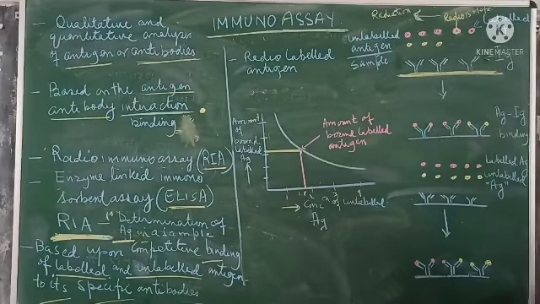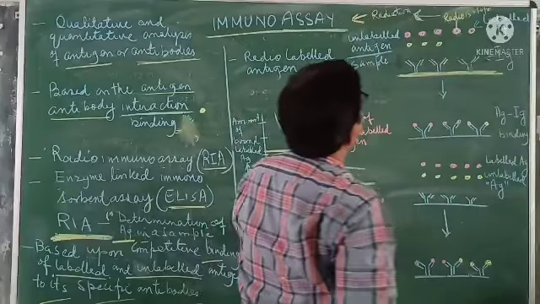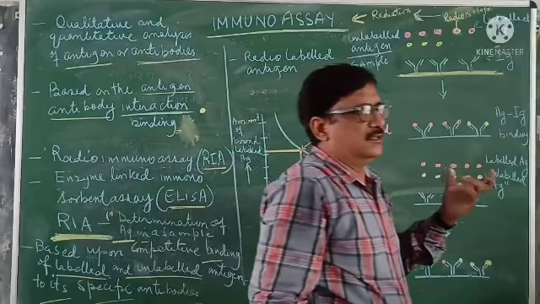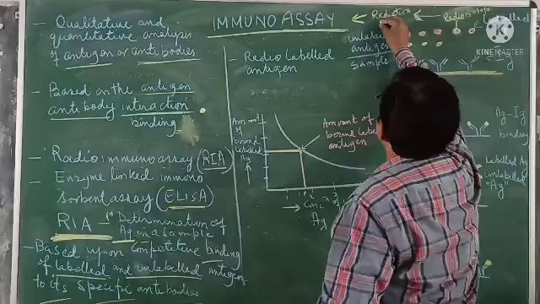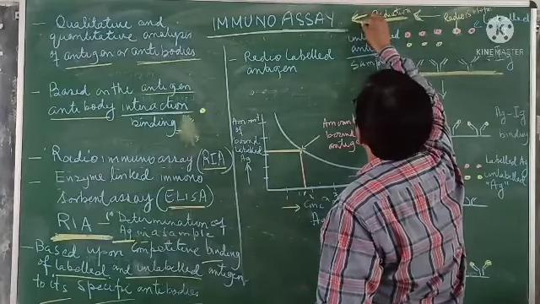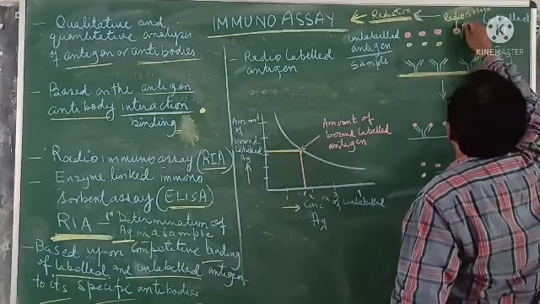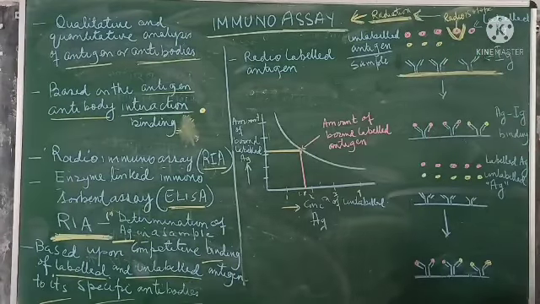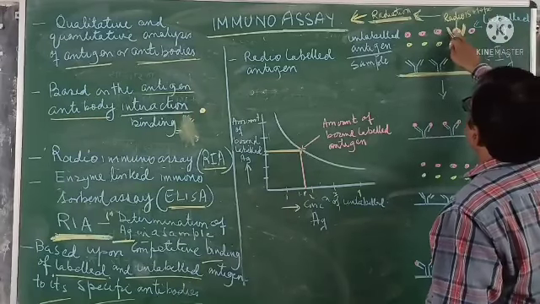If this radiation is estimated by using any radioactive counter like a gamma counter, we can estimate how much radiation is present, and by this radiation we can determine the amount of the antigen to which this radioisotope is attached.